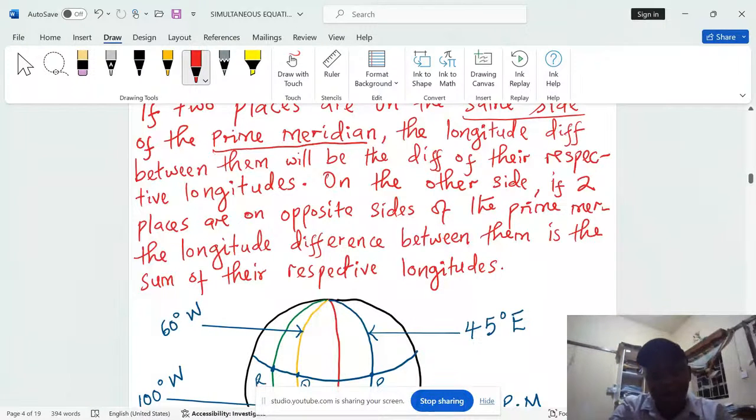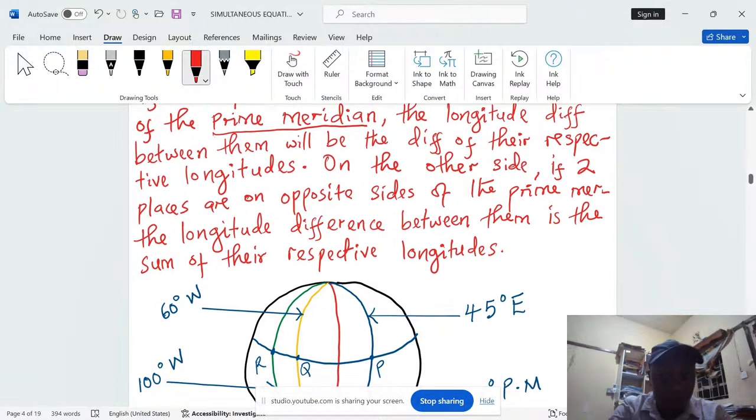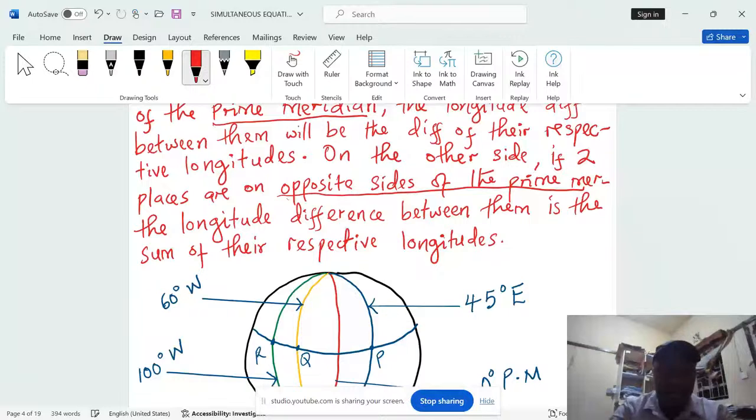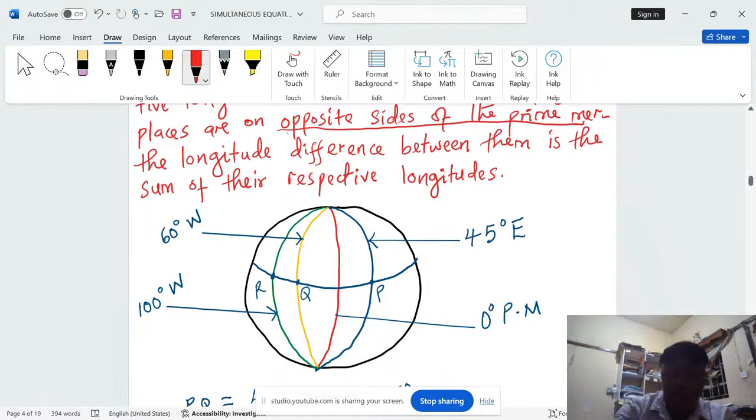But if places are on opposite sides of the prime meridian, then the longitude difference between them is the addition, or rather the sum, of the respective longitudes.